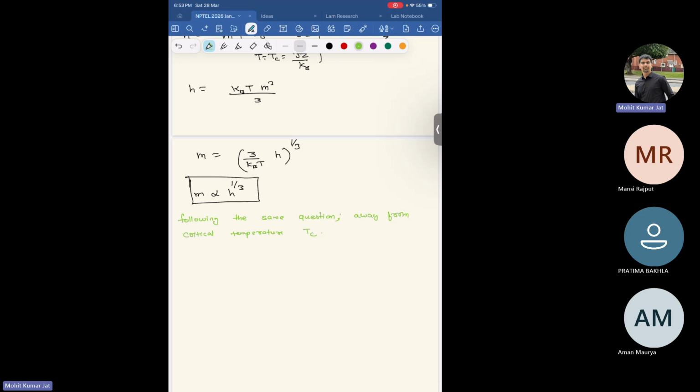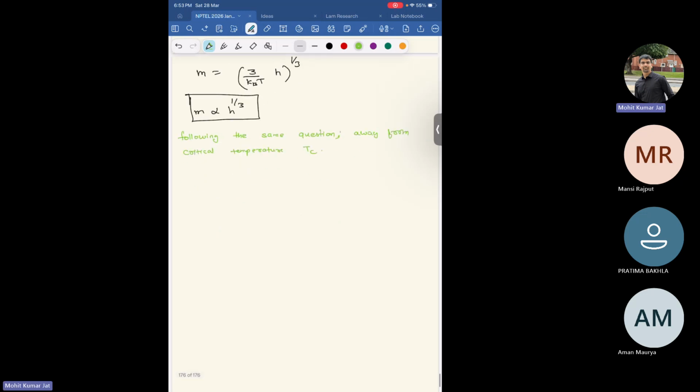Right? How does the variation of susceptibility depend on the temperature T? That's the question.